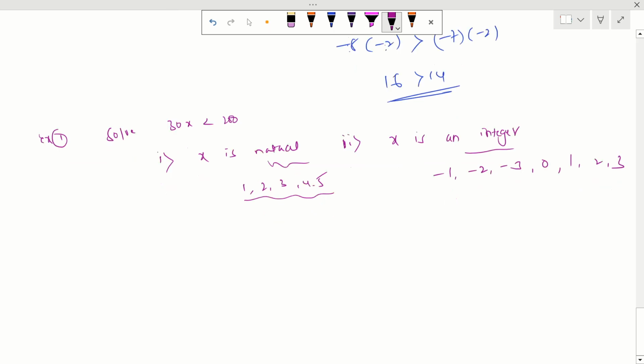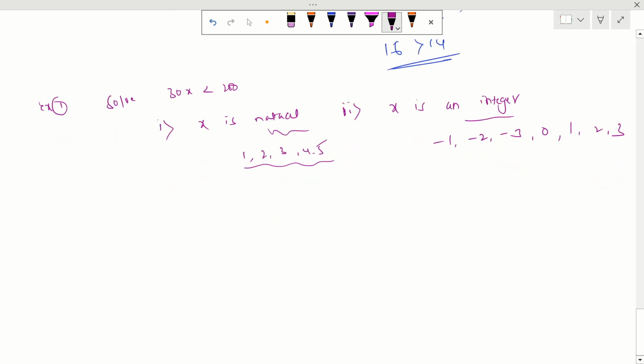So now I will solve this inequality 30x less than 200. I want to make x a single term, so I will divide both sides by 30.